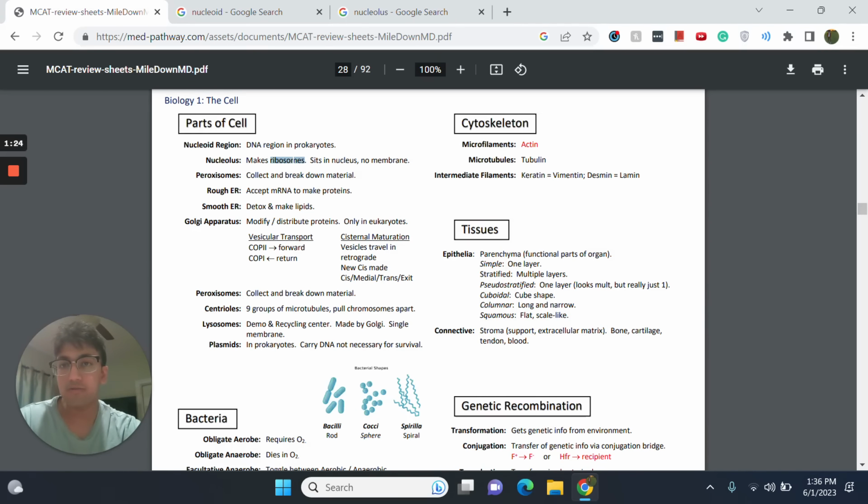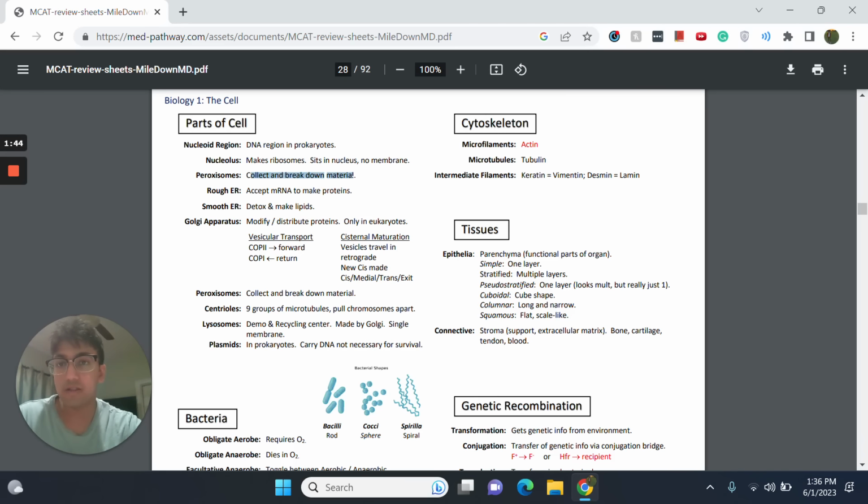And ribosomes, if you remember, are those things that are really important for connecting the amino acids so you can form the primary chain of amino acids that makes the eventual protein. It's important to know also that both prokaryotes and eukaryotes have ribosomes, because it's really important to be able to make proteins to do all the cellular functions that they need to do.